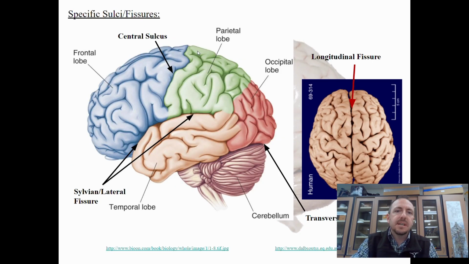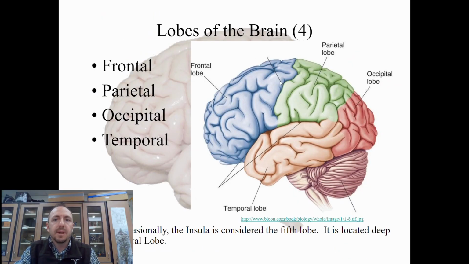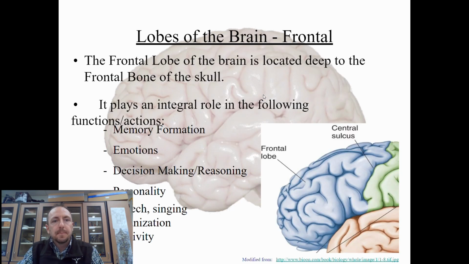Okay, so this is a kind of a map of the brain. We have the frontal lobe here, parietal lobe here, occipital lobe in the back just above the cerebellum, and then the temporal lobe. So let's break it down. We're going to start with the frontal lobe. This plays a very important function in you.